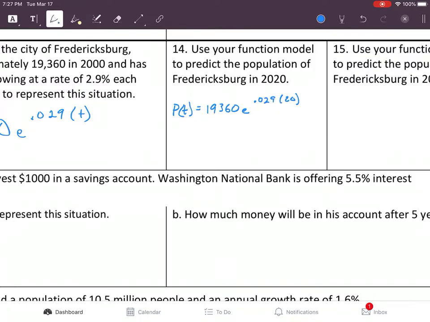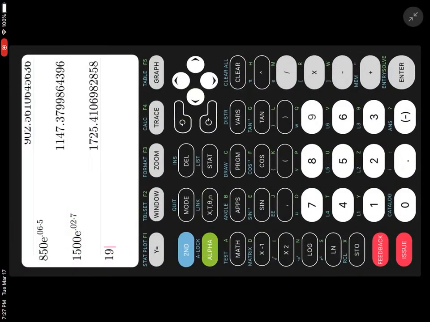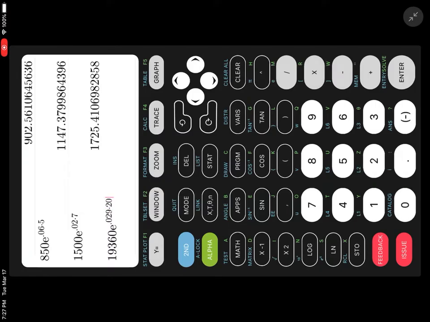All right, we're going to go in our calculator again. 19,360 times, I'm sorry, back up. Try it again. 19,360 times E to the 0.029 times 20.